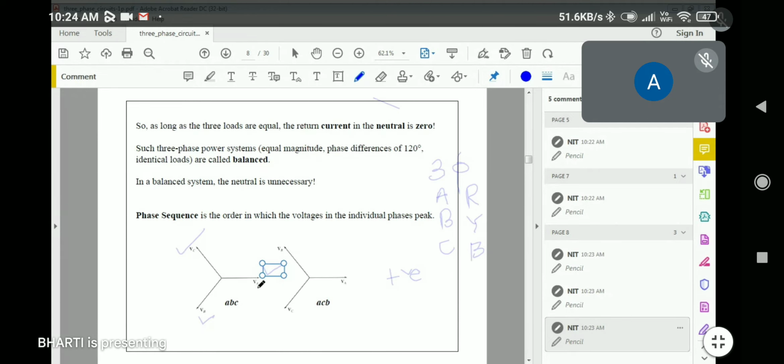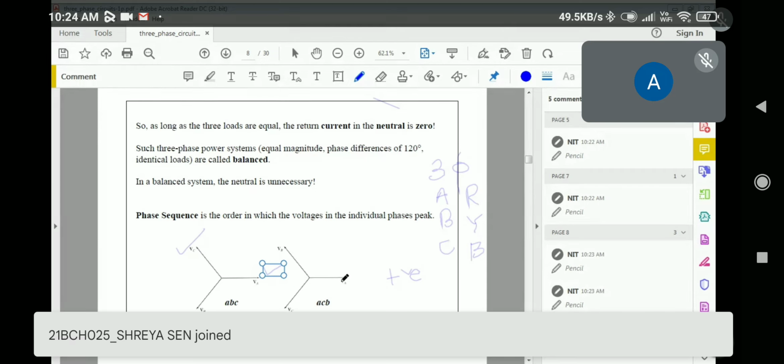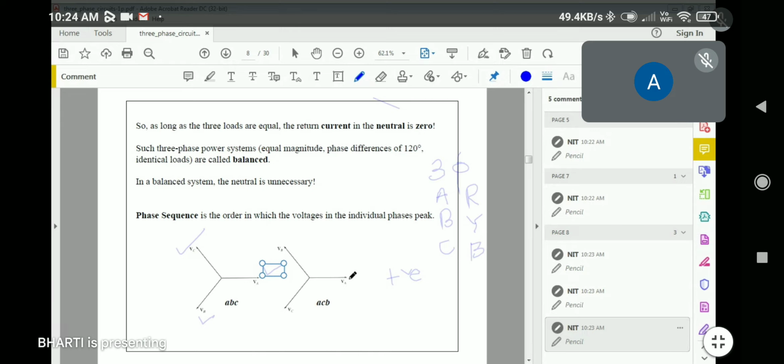Okay? If it is like this, or the phase sequence can be other ways. It can be anti-clockwise. It can be A, C, B. If it is A, it will go like this. C and B. It will be something like this. Means one is clockwise, one is anti-clockwise.